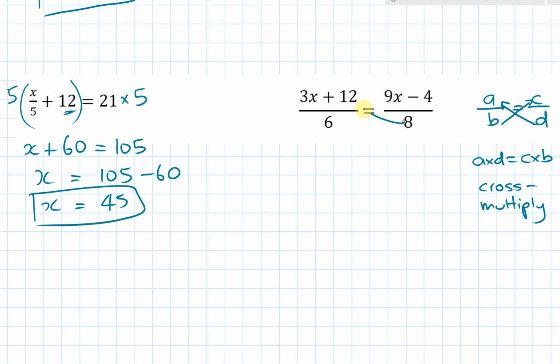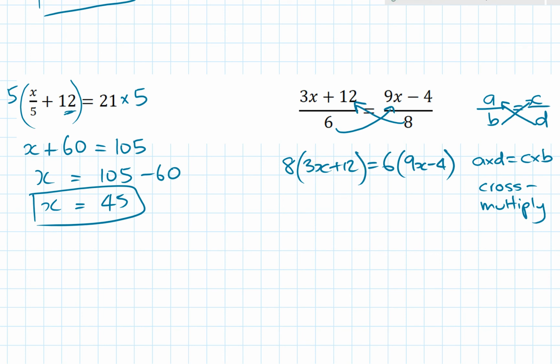So this 8 is going to multiply that side, and that 6 is going to multiply that expression there. So you'll end up with something looking like this. It's equal to 6 times that side, so you need the brackets there. And now we're going to multiply out these brackets. So 8 is multiplying everything inside those brackets.